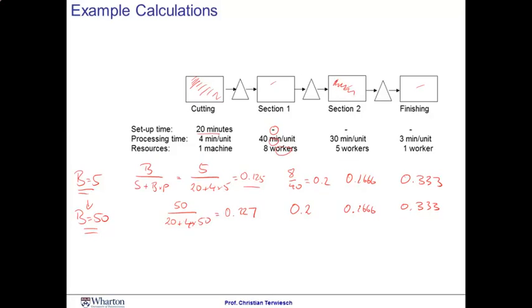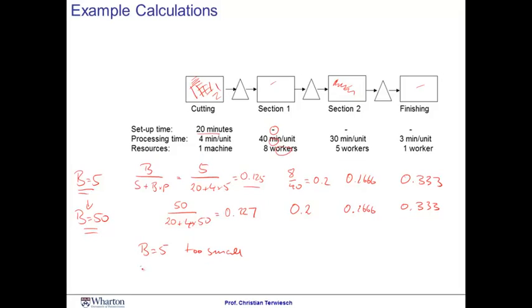Now this is interesting in the sense that by choosing the batch size we determine the bottleneck. For B equals 5, it looks like our batch size currently is too small. Why is that? Because every time we shut down the cutting machine, we shut down the entire plant because cutting is the bottleneck.